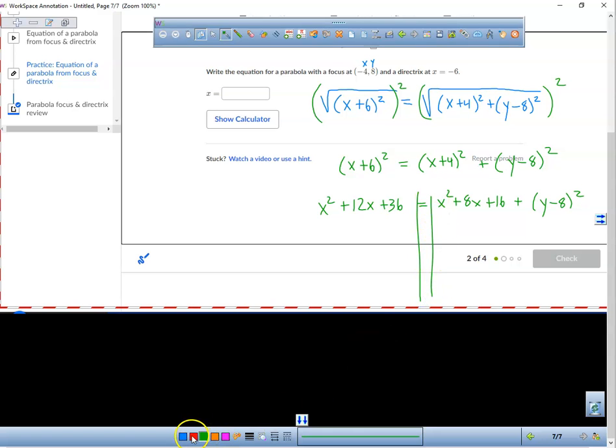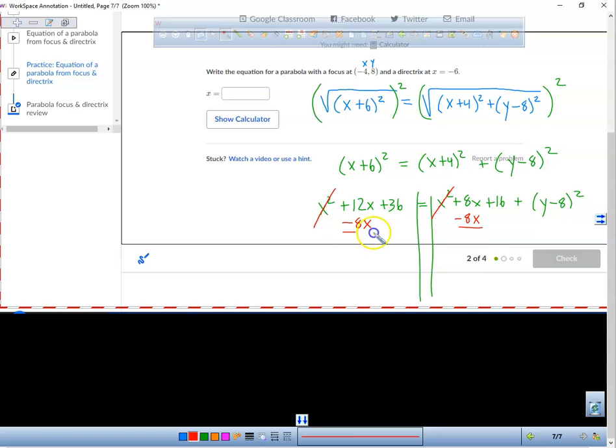So what cancels out on each side? This x squared cancels out this x squared if you subtract x squared from both sides. All I'm going to do right here is take away an 8x from both sides, and that leaves me 4x. I take away a 36 from both sides, and that leaves me with -20.